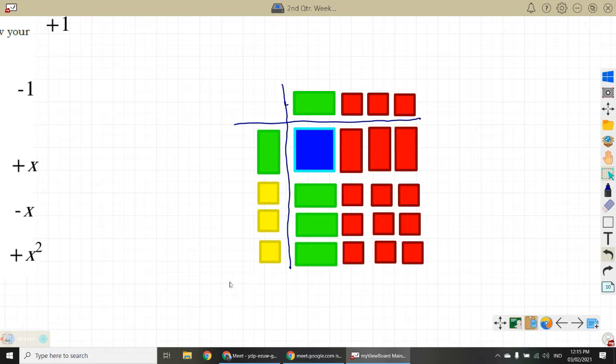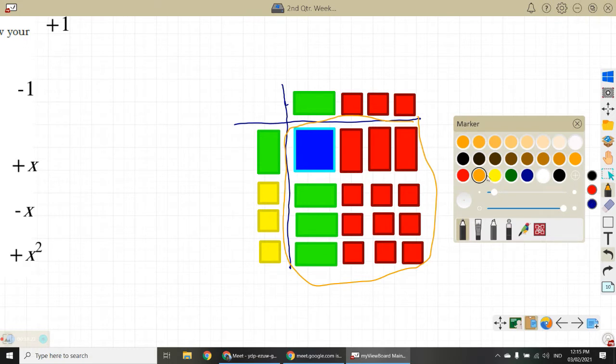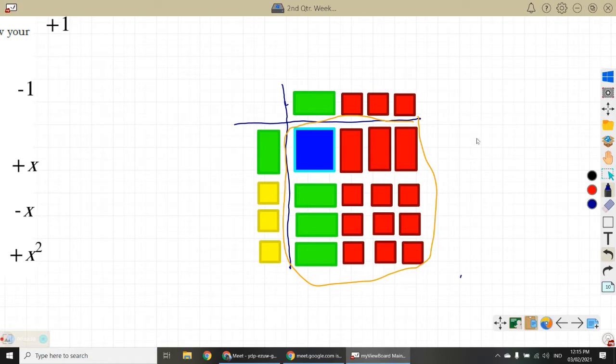So, let us compute. Let's write what is inside our algebra tiles. What's inside is x squared. Then we have negative 3x, and then positive 3x.